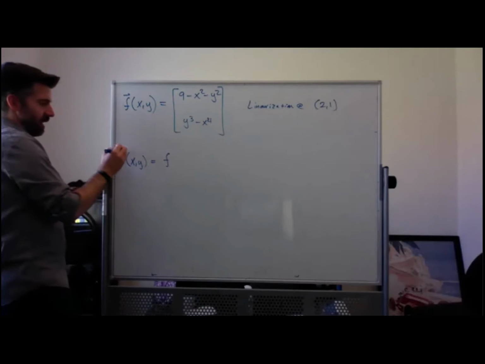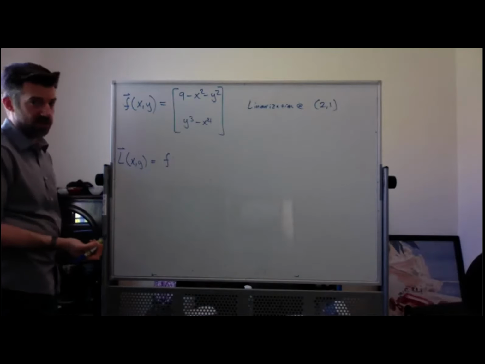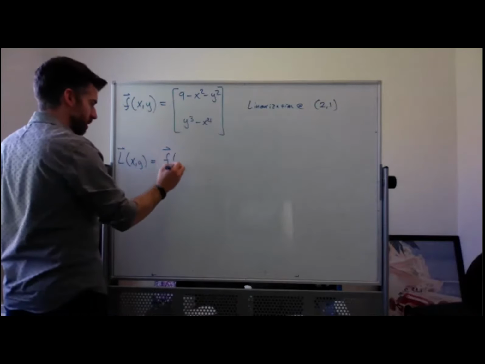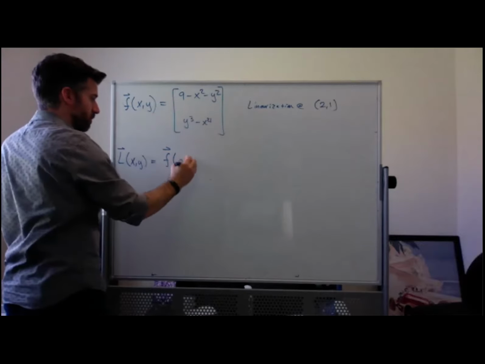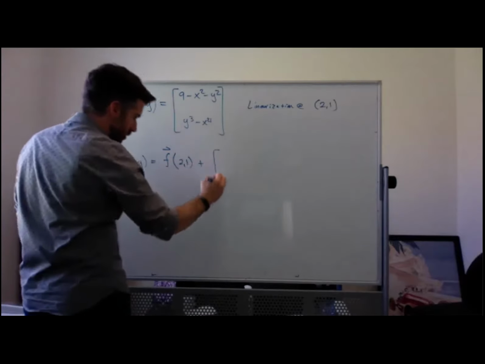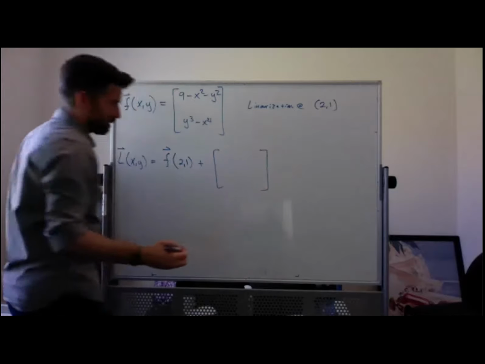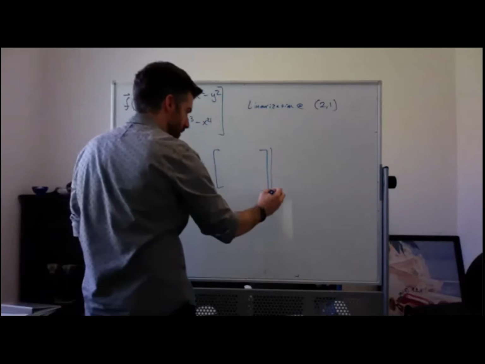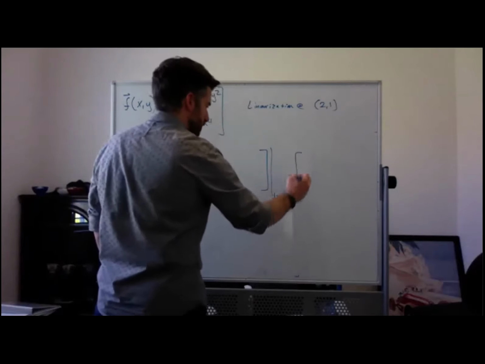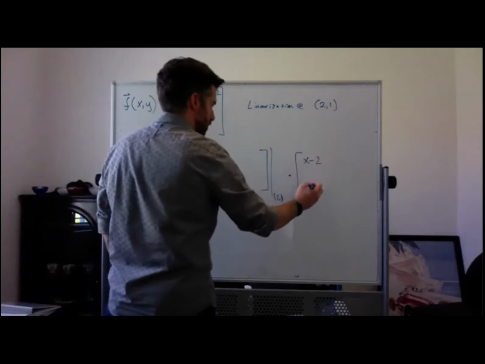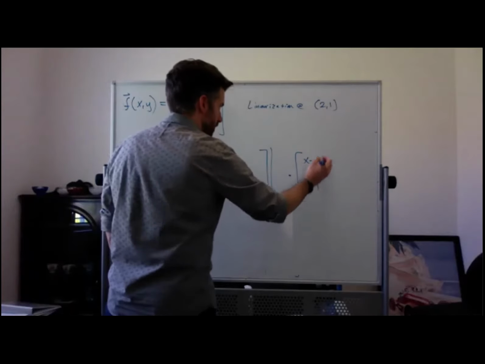It's a vector valued linearization. It's going to be the function evaluated at 2, 1 plus the 2 by 2 Jacobian matrix evaluated at 2, 1 times x minus 2, y minus 1.